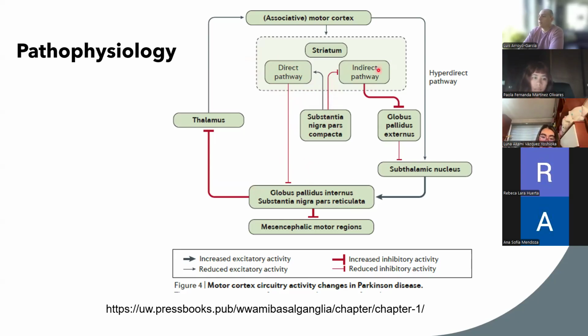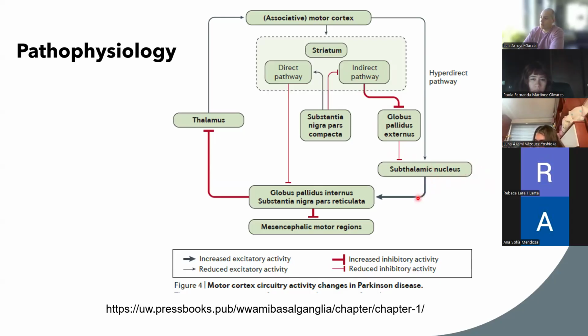Then in the indirect pathway, since we cannot inhibit it, we will have a strong inhibition in the globus pallidus, and then the subthalamic nucleus will be hyper-excitable.